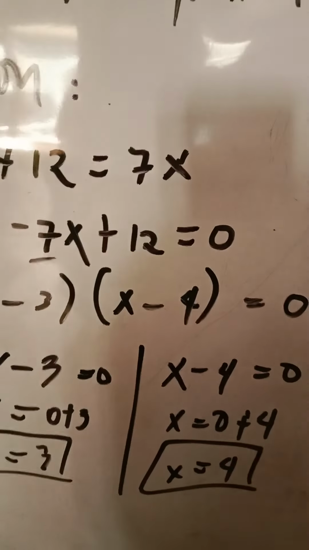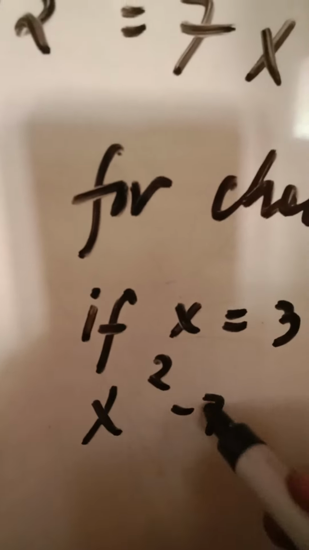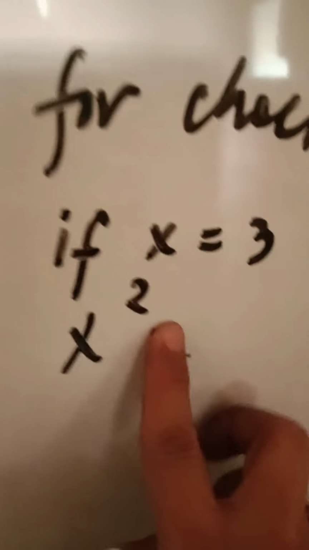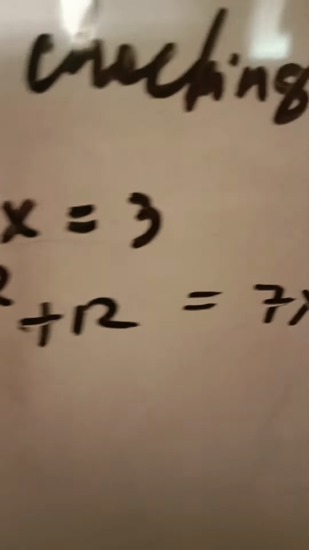If we try to check our equation, for checking you have to substitute the value of x to the equation. So if x is 3, x squared plus 12 is equal to 7x.